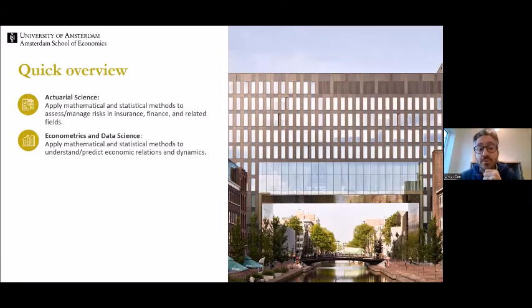Econometrics is also about applying mathematical and statistical methods, but it has a broader focus, and it tries to understand or predict all sorts of economic relations and dynamics. A simple example would be if you try to predict somebody's salary based on this person's education level or this person's age, gender, or place of birth.